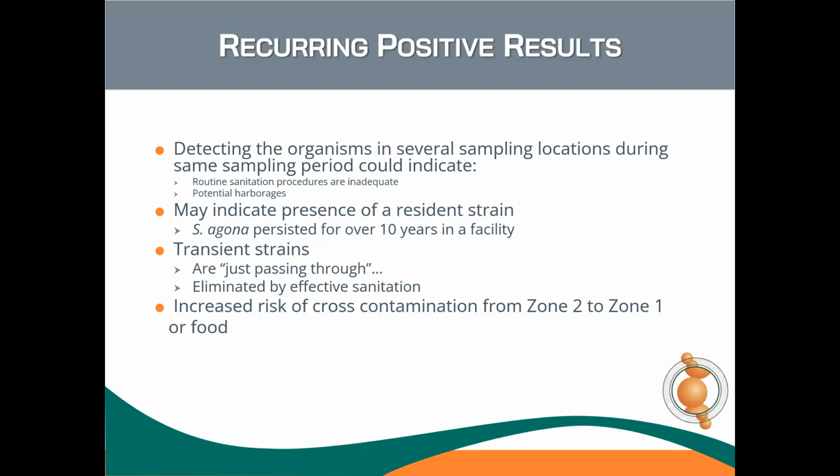So if we go ahead and identify that transient strain, then we can eliminate it before it does become that resident strain. And of course, finding that presumptive positive will decrease the risk of cross-contamination from zone 2 to zone 1. So if you do find that, you want to really eliminate that risk.